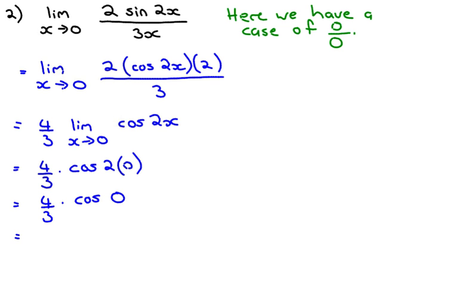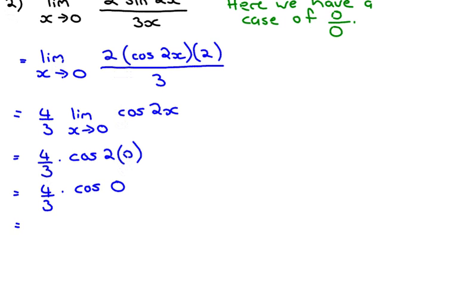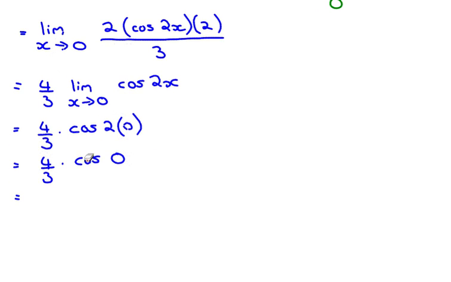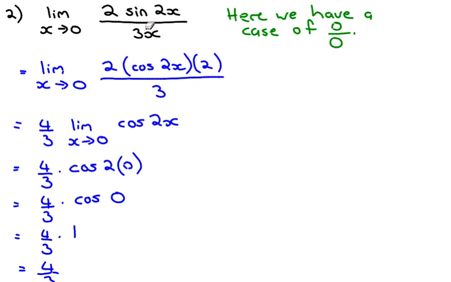Now, use your calculator, or use your special angles, or think of the graph. Cos 0 is 1. So I've actually got 4 over 3 times 1, which is 4 over 3. So this gives you another way to evaluate your limits with your trig functions, provided you get an indeterminate form 0 over 0.